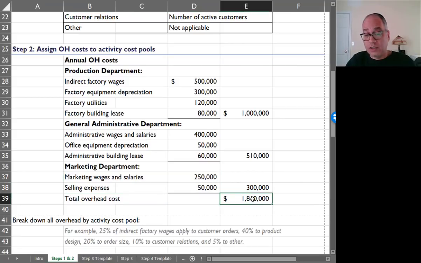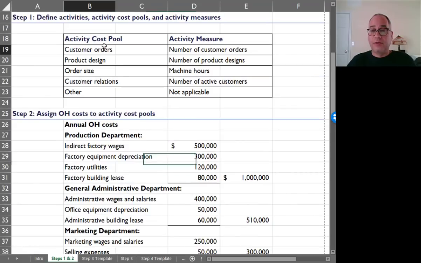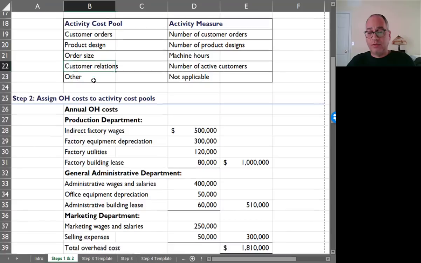So total overhead cost was $1810. What we need to do now is break this down and allocate it to the activity cost pools and figure out how much of $1810 is going to go to customer orders, product design, order size, and customer relations.